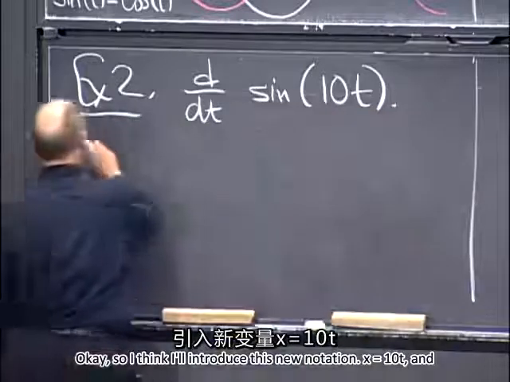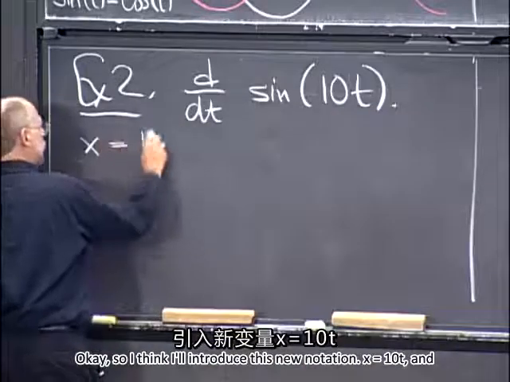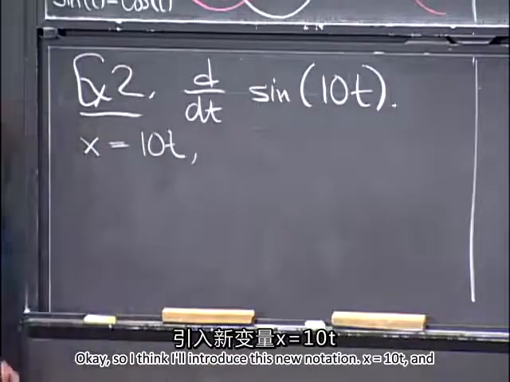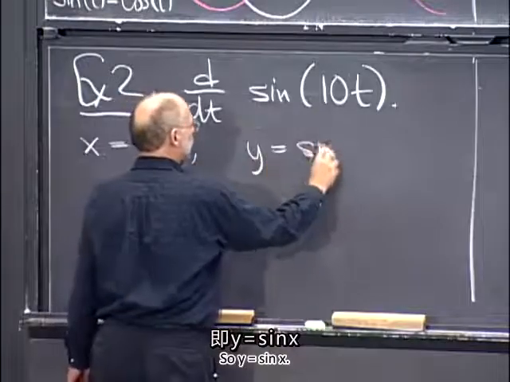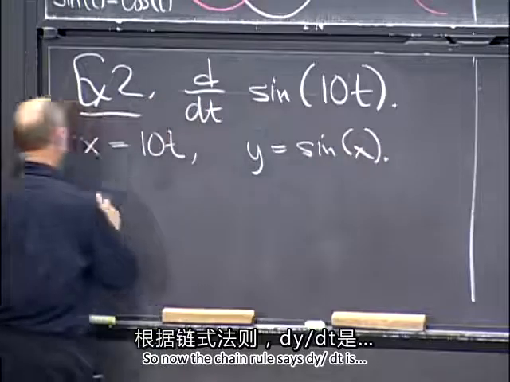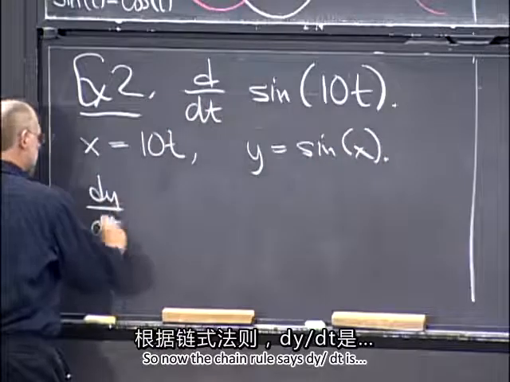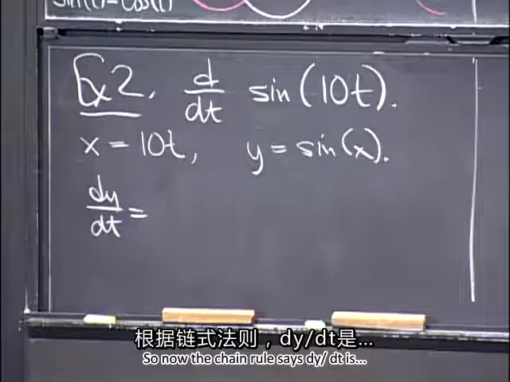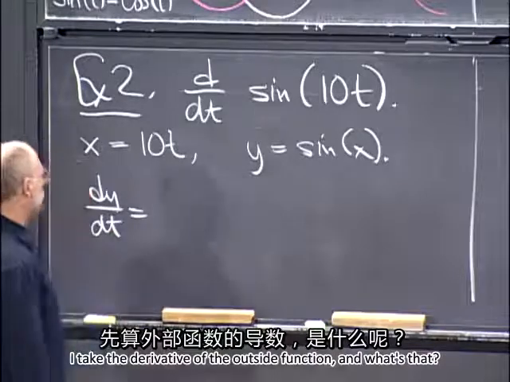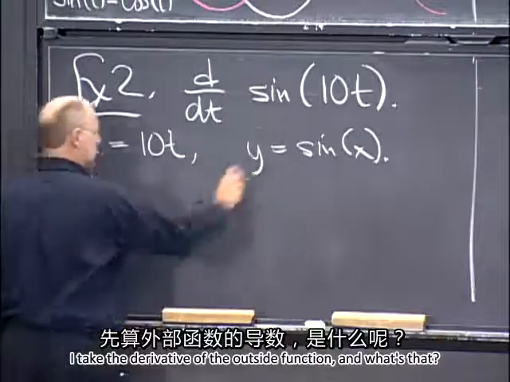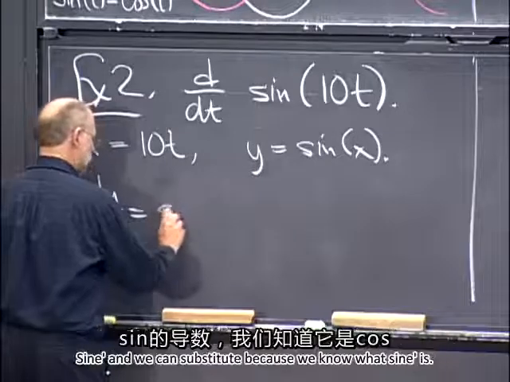Okay, so I think I'll introduce this new notation. x is 10t, and the outside function is the sine. So y is the sine of x. So now the chain rule says dy/dt is, let's see, I take the derivative of the outside function, and what's that? Sine prime.